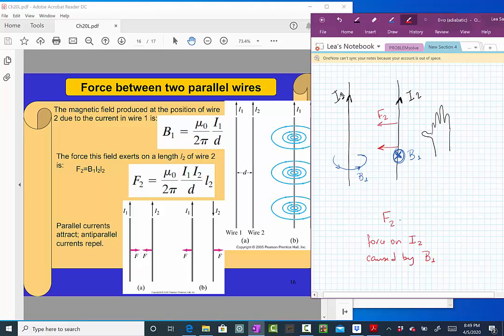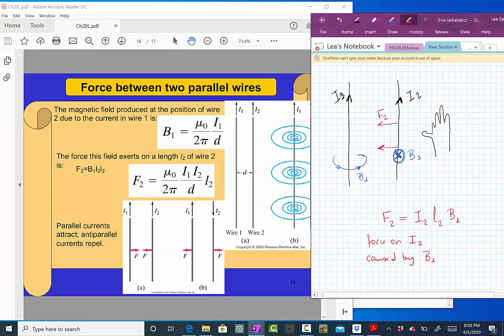Okay, so what is going to be this force? I'm going to use our equation for force. This force is going to be I2, because it's the force on that wire 2, on that current I2. So I2, times the length of what? Of that wire 2, multiplied by the field. Which field?